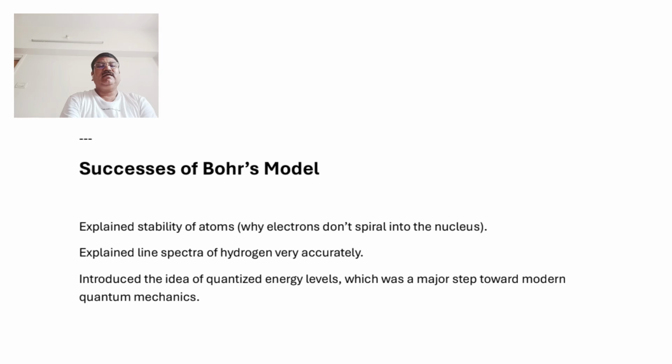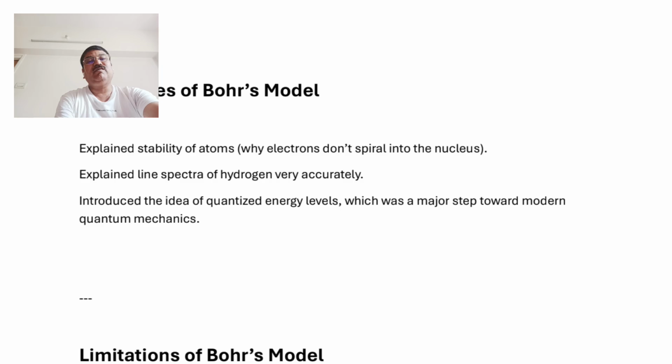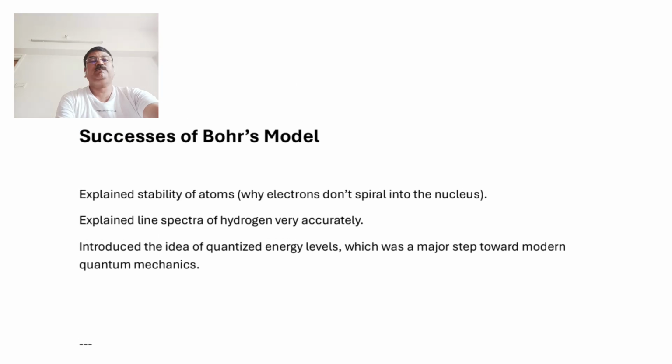And this is the major step towards modern quantum mechanics. The concept put forth by Niels Bohr, that is quantized energy levels, is the base of today's modern quantum mechanics. So, this is the success story of Niels Bohr.